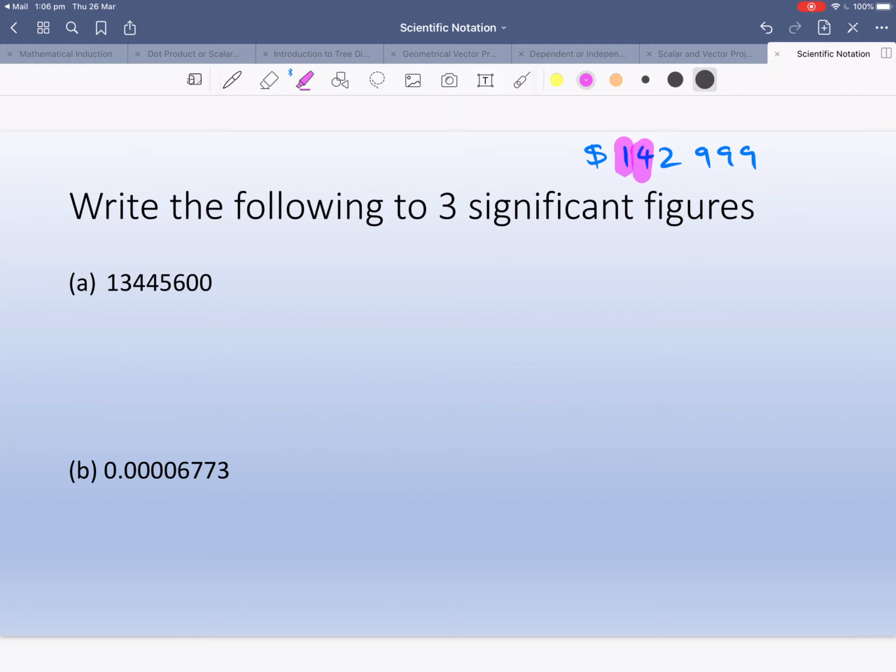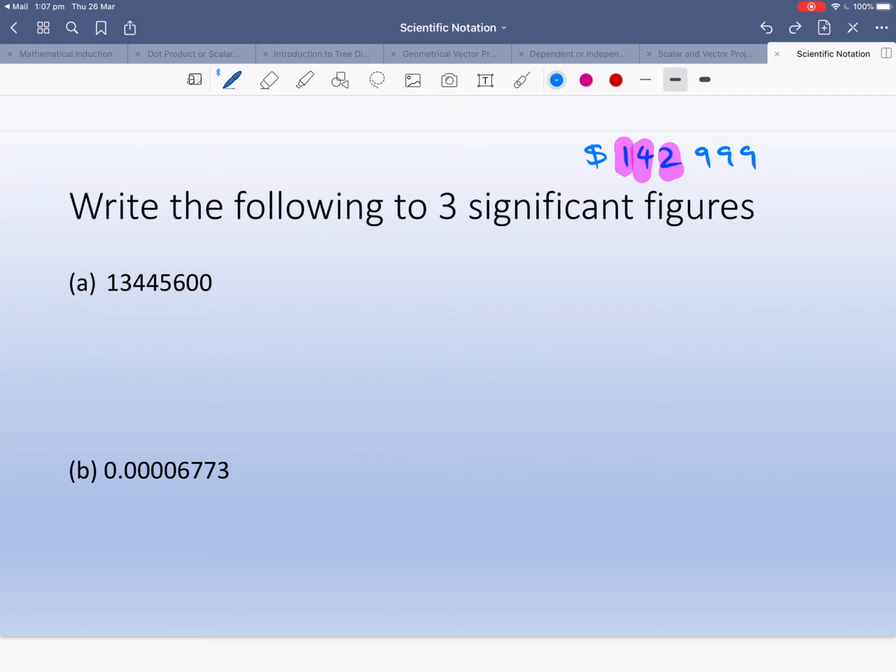The next one is the second most significant because it's worth $40,000. The next most significant is $2,000. So the first 3 numbers are usually the most significant. They've got to be non-zero. Even though the last 9 is a higher digit, it's only worth $900, so it's not worth as much. So the first 3 numbers are always the most significant, and I'm going to leave that highlighted.